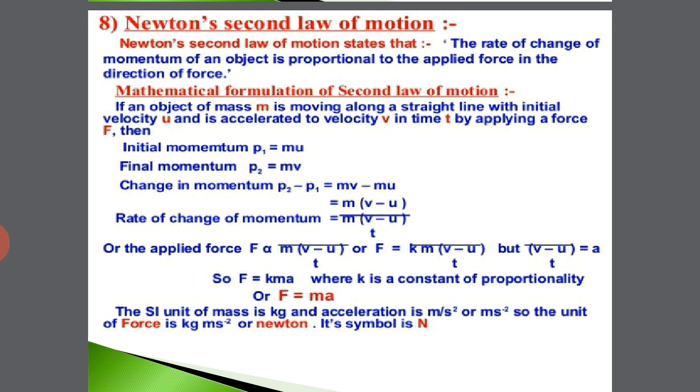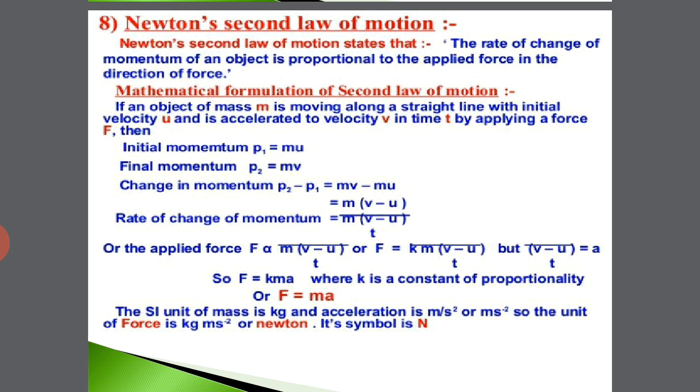Got it? Then on applying force, F is directly proportional to m into v minus u by t, or F is equal to, we will remove the constant of proportionality over here, then it becomes F is equal to k m v minus u upon t.